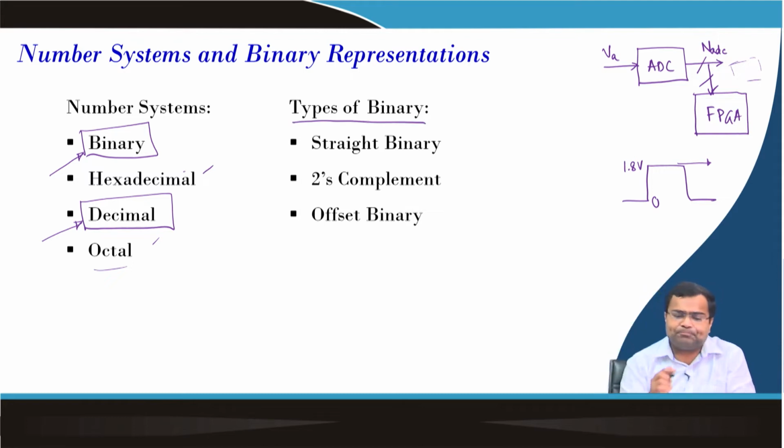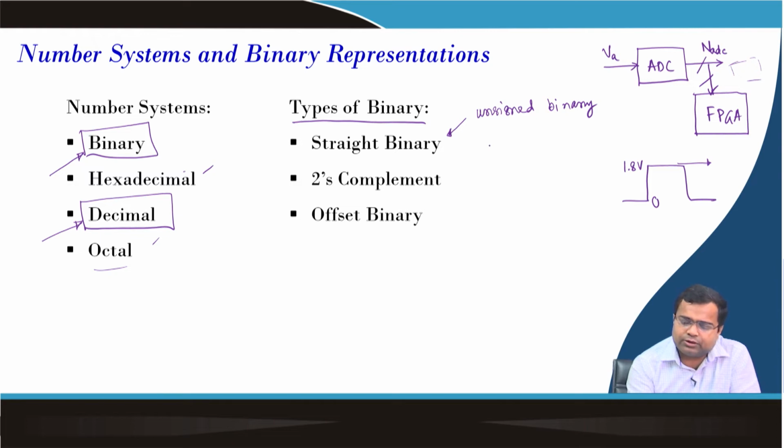Now, out of this binary number that we are dealing with, since we will be dealing extensively with binary numbers, the binary number can take different forms. It can be straight binary, which is unsigned binary. That is typically what we deal with. If you take, let us say, a lookup table, that means you are talking about B2, B1, B0.